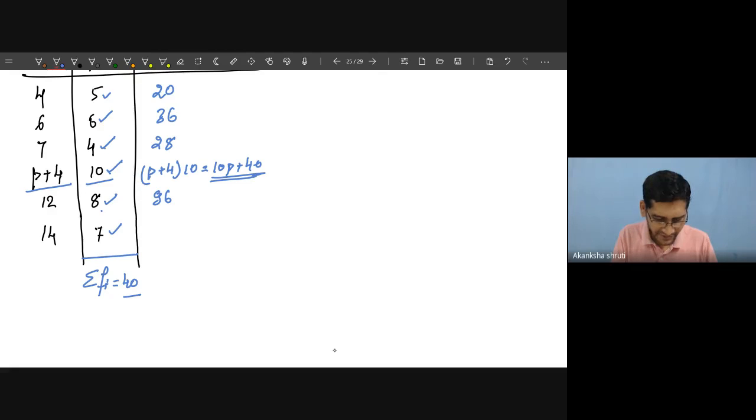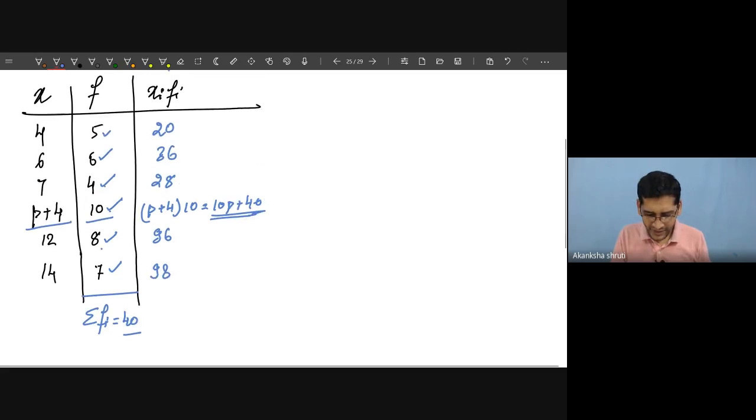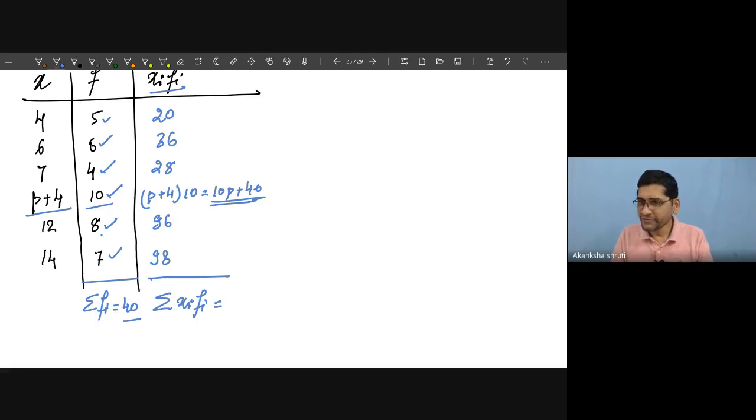So it is 14 into 7. How much is this? 98. Now, students, you have to calculate the summation of fi xi. So go for adding this. Be careful, students, whatever numbers are there, you will add those numbers.